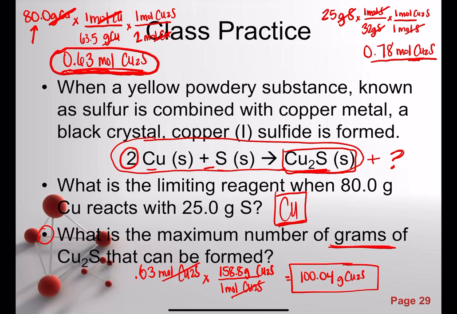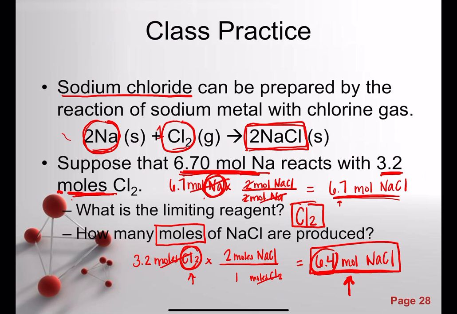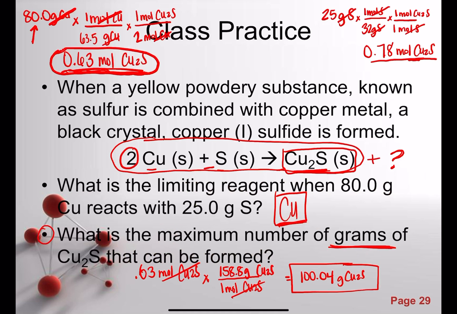And that will tell you either in the question, in the stem at the beginning, like this one said, sodium chloride can be prepared. So that is going to hint us that we're looking for sodium chloride. Or down here in one of the two sub-questions, it will tell you what you're actually looking for.